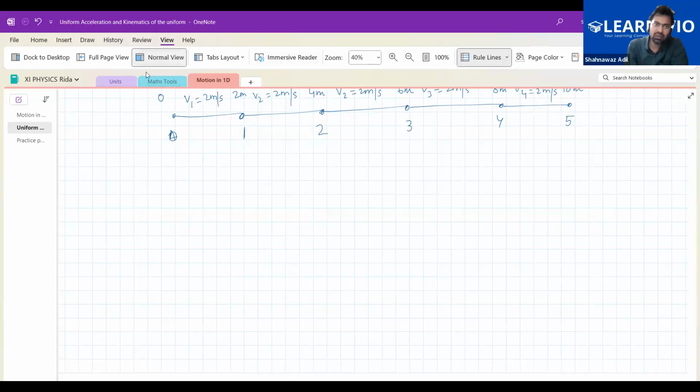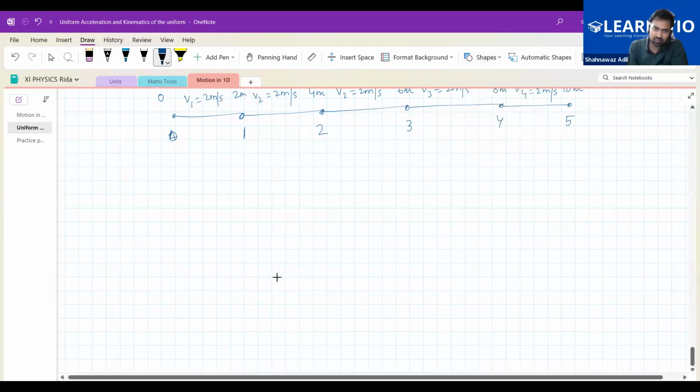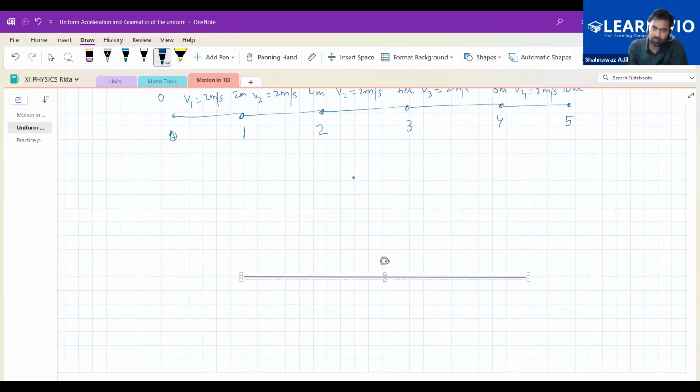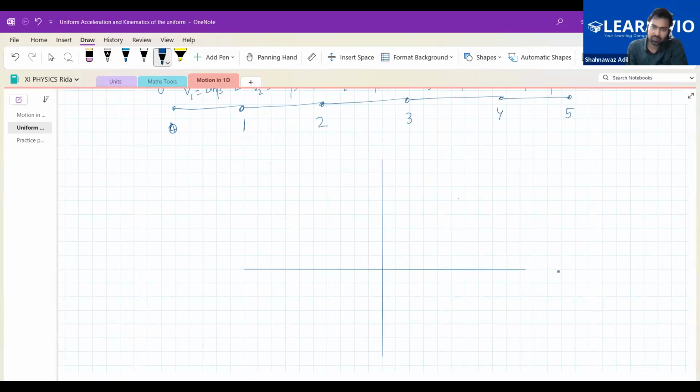So now we want to draw this graph. We have the x-axis and we have the y-axis.